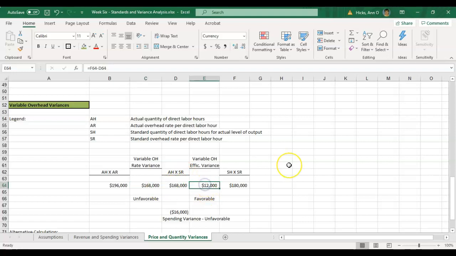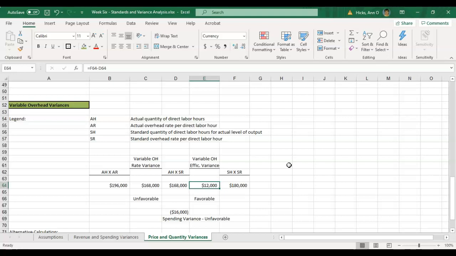The efficiency variance, which is the difference between the middle column and the right column, in this case it's $12,000 favorable, is really just a measure of how efficient we were with the allocation base. Because the only difference here are the number of hours of allocation base that we used, in this case, direct labor. So it really doesn't give us information that helps us control variable overhead.